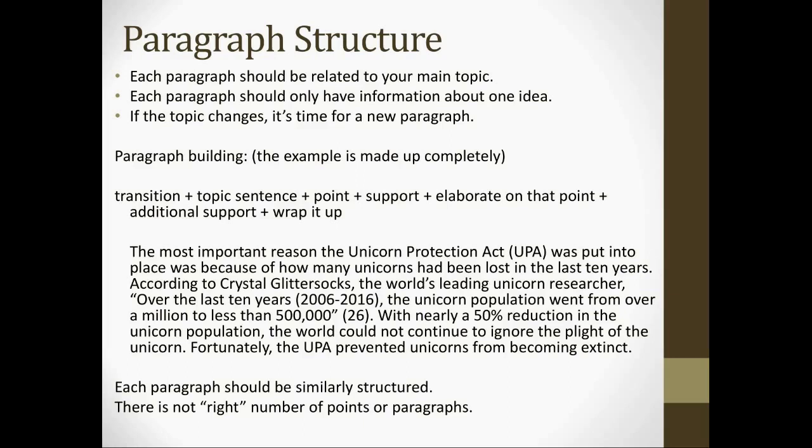According to Crystal Glittersocks, the world's leading unicorn researcher, over the last 10 years, the unicorn population went from over 1 million to less than 500,000. With nearly a 50% reduction in the unicorn population, the world could not continue to ignore the plight of the unicorn. Fortunately, the UPA prevented unicorns from becoming extinct.